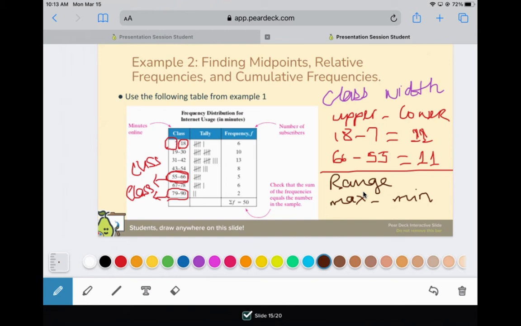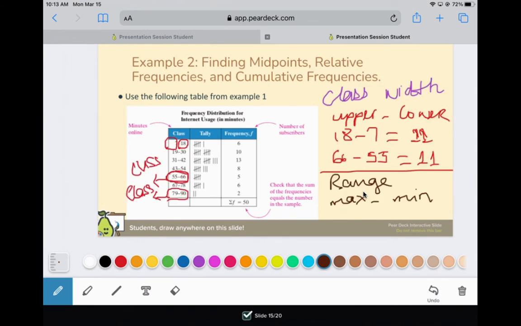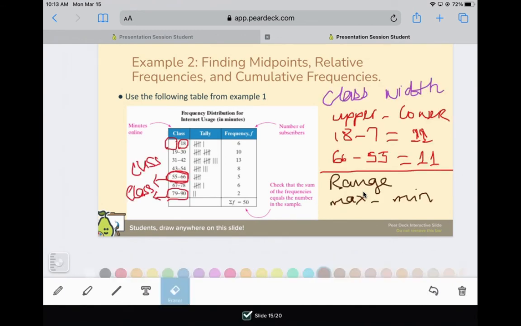Can someone tell me which are those two numbers that I'm going to use? I'm going to clear this one so we can see all the values. Yes, Emily, that is correct. That should be 90 minus 7.